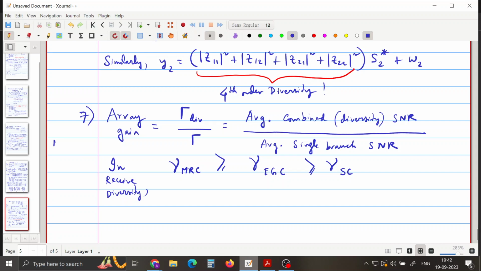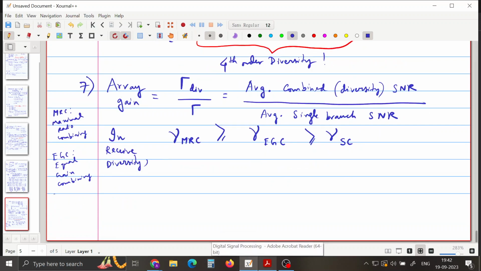The MRC is actually maximal ratio combining. EGC is what? Equal gain combining, right? And SC is what? It is selection combining, or selection diversity, same thing.